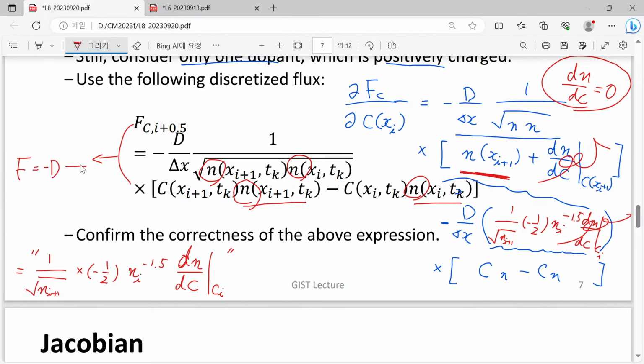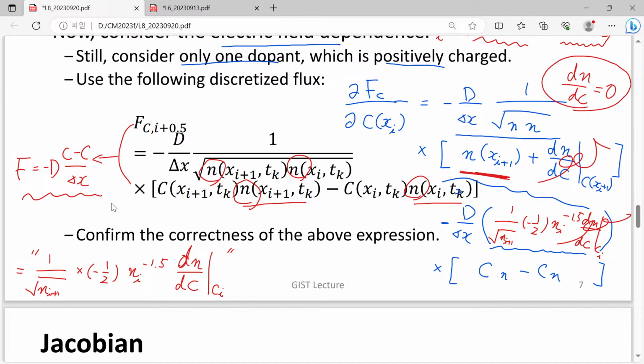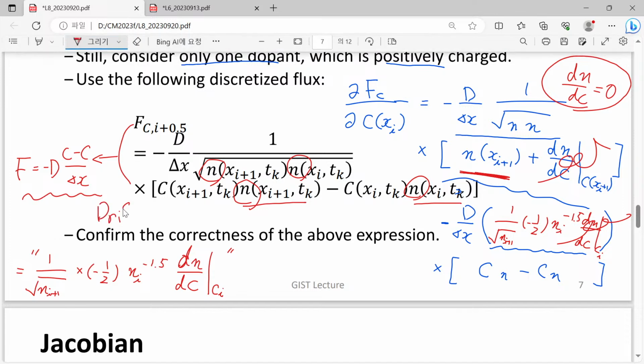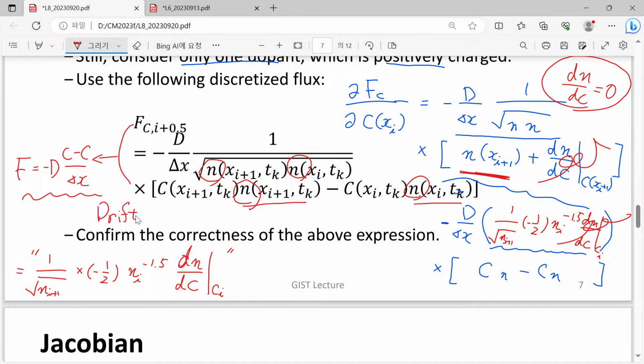Minus D times C times delta x. So this means that there is no effect of our drift term. The effect of the drift term vanishes when N is close to n int.